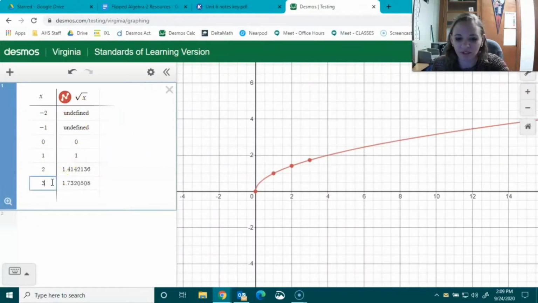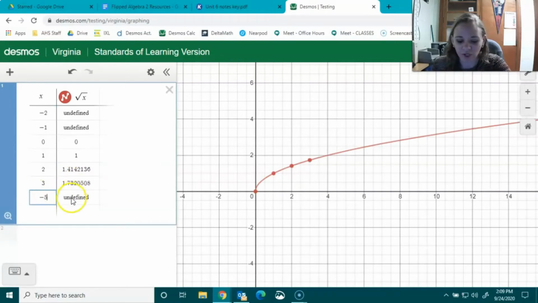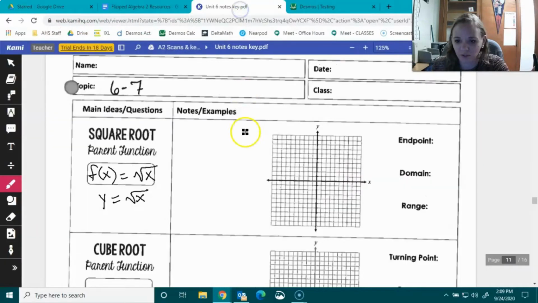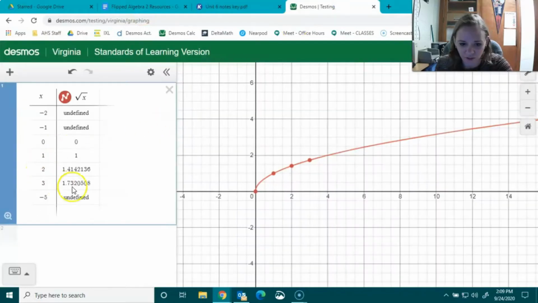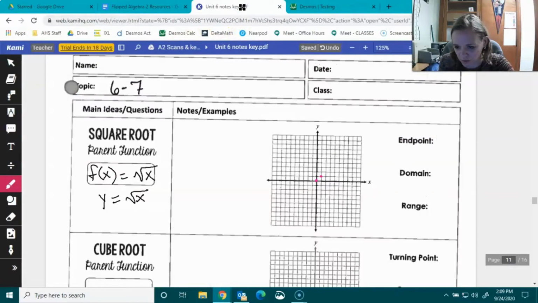Remember, you can type in any value that you want in your x column, and you can get its corresponding y value like that. So we have these coordinates, and we'll go ahead and plot those on there. 0, 0, 1, 1. Oh, what else did we have? 2 is 1.4, so just do an approximate 1.4. Let's do a further out point.